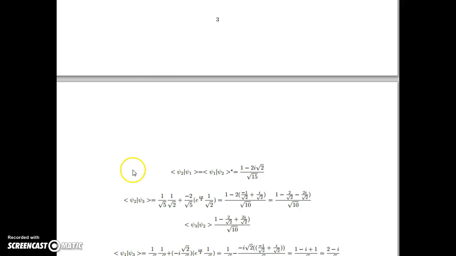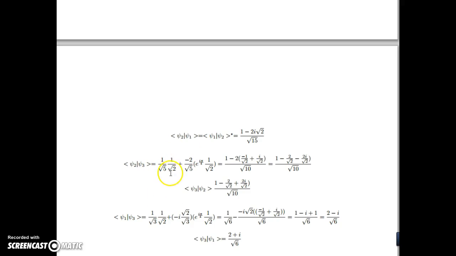So that takes care of that one. And then we can do that for each of them, 2, 3, 3, 2, and then 1, 3, 3, 1. So again, we multiply the first part of each one plus multiplying the second part of each one. For this one, the e to the i pi over 4 can be turned into negative 1 over square root of 2 plus i over square root of 2.